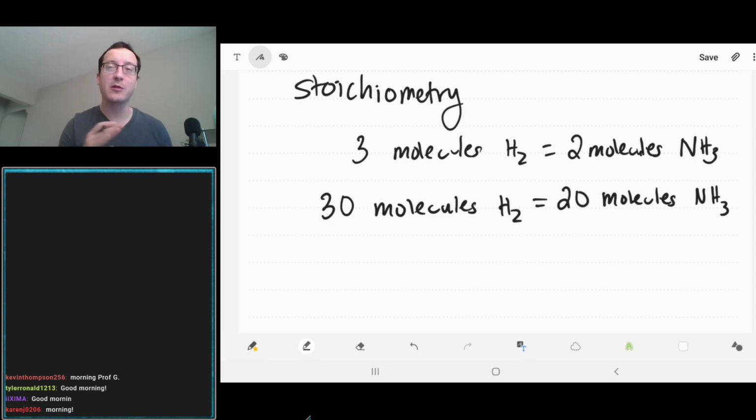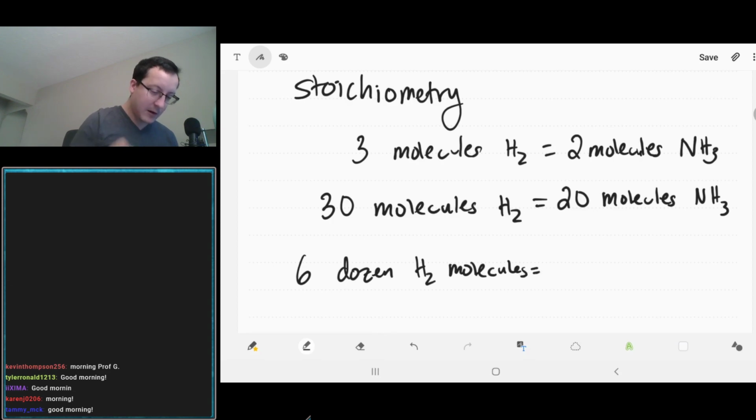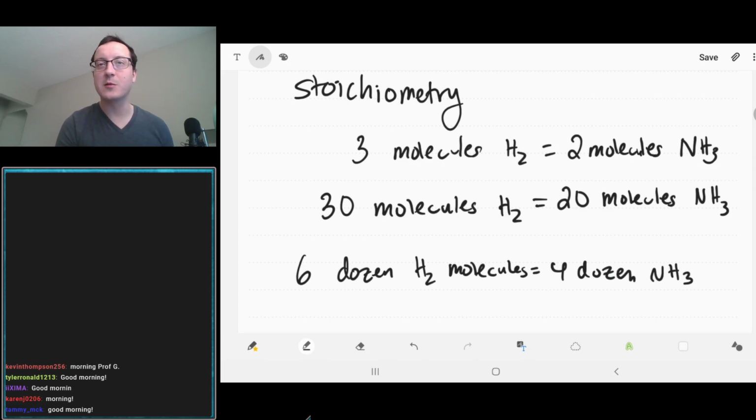Just like yesterday with those limiting reactant things, the ratio is going to be the same. So if we had 6 dozen, that would mean we would get out 4 dozen ammonia molecules. The ratios are the same.